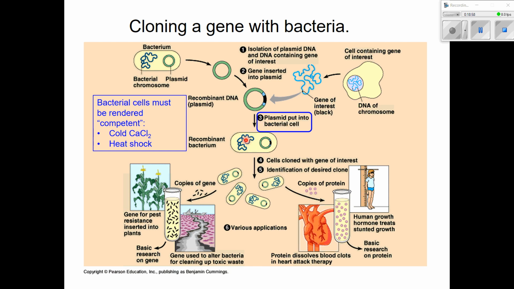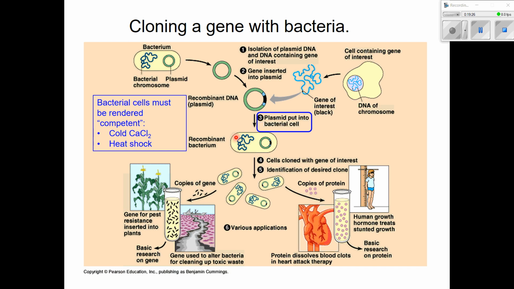Now, there are a lot of techniques for doing this, but one of the oldest techniques, and the way we would do it in an AP biology lab, is through a combination of cold calcium chloride and heat shock. So what we would do is we would take some living bacteria, put them in a test tube with a cold solution of calcium chloride.